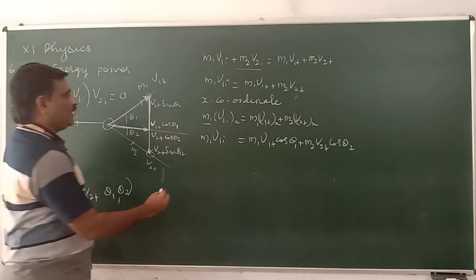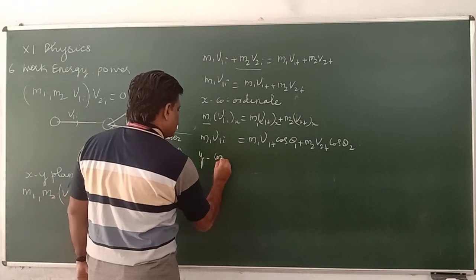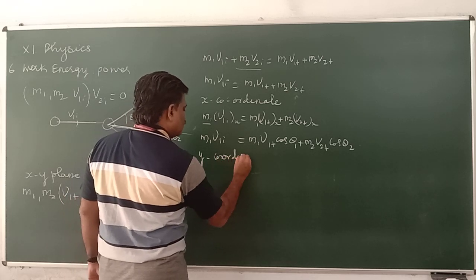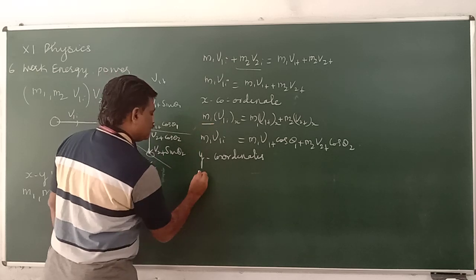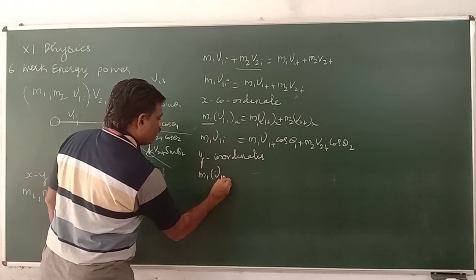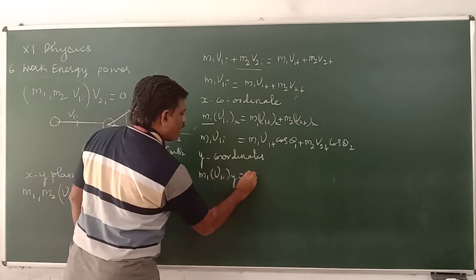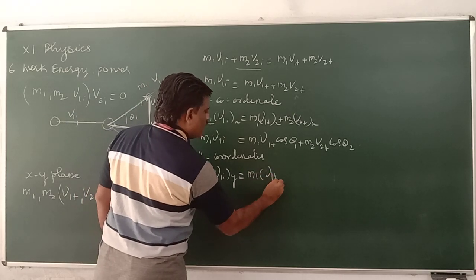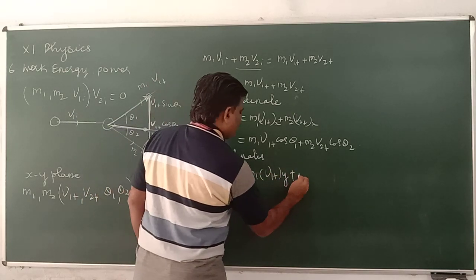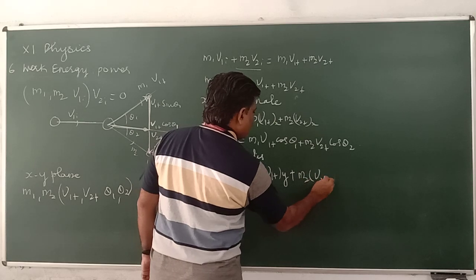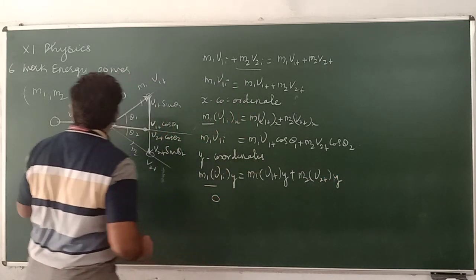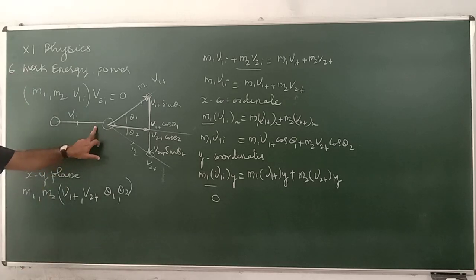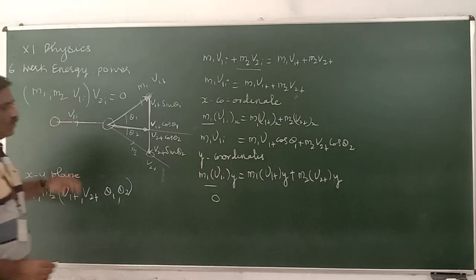Similarly, we can apply it along the y coordinate. It is m1 v1i y equal to m1 v1f y plus m2 v2f y. There is no y component of the initial velocity, since the total component is along x, so it is 0.